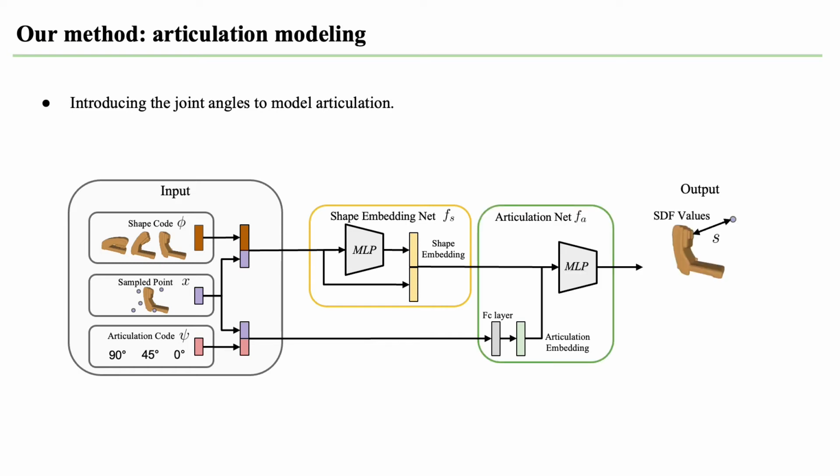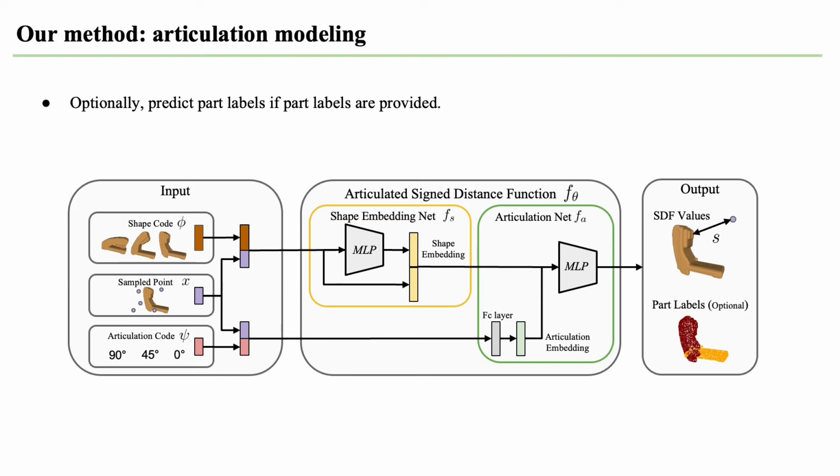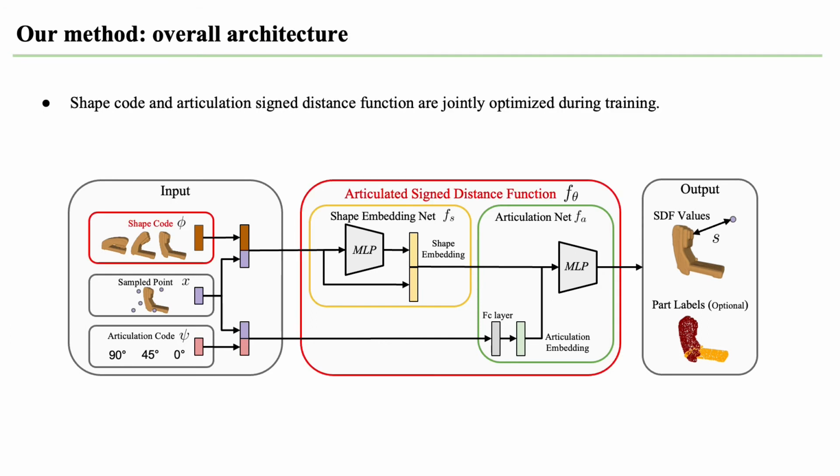Then the shape embedding and articulation embedding are jointly input to another multilayer perceptron to estimate the sign distance. We name the combination of the shape embedding network and articulation network as the articulated sign distance function. If part labels are available, a linear classifier is added to the last hidden layer of the articulation network to simultaneously output part labels. As noted with the red color, shape codes and articulated sign distance functions are jointly optimized during training.